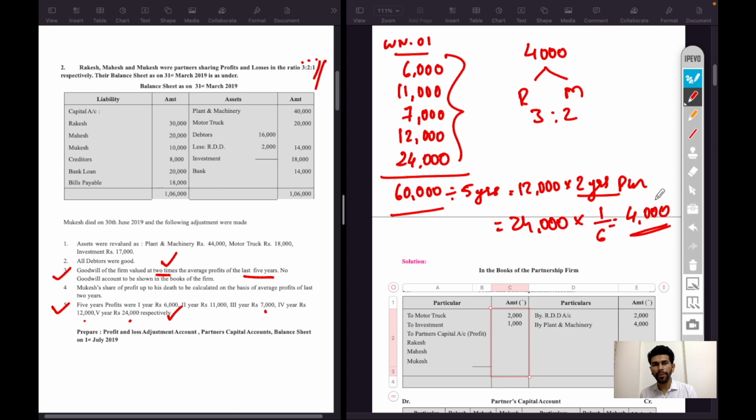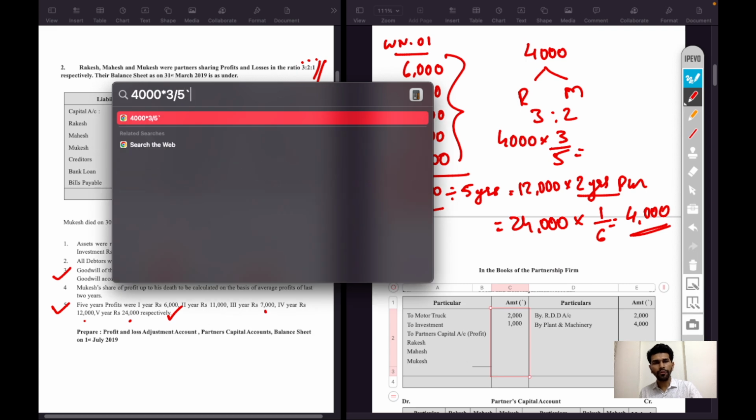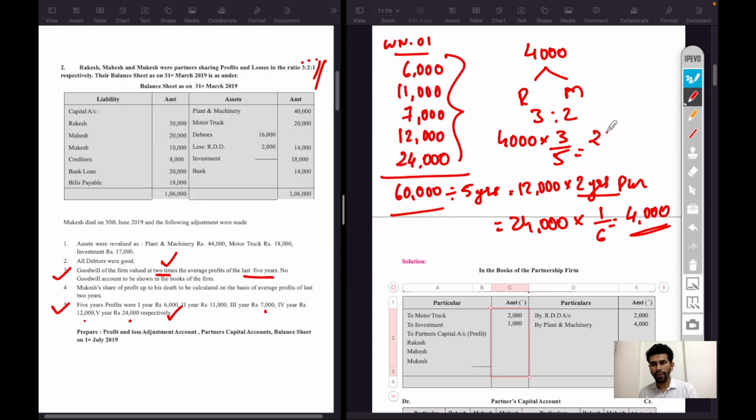So 4,000 rupees will be distributed in 3:2. 4,000 rupees multiplied by 3 by 5. We will get 2,400 rupees for Rakesh, and balancing 1,600 rupees will be for Mahesh.